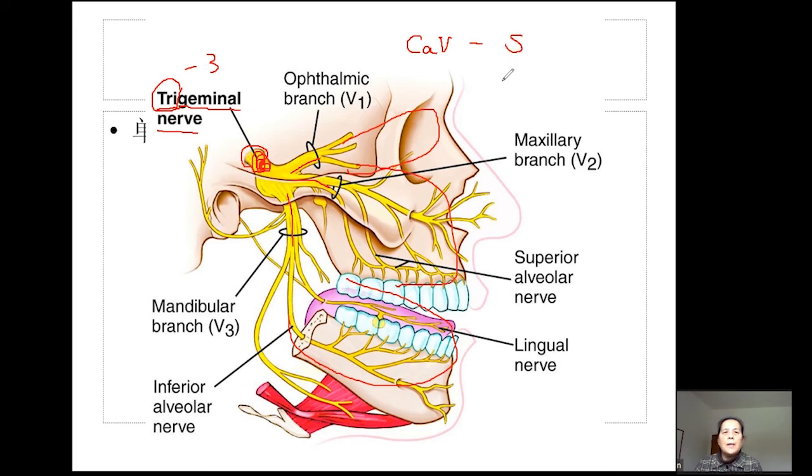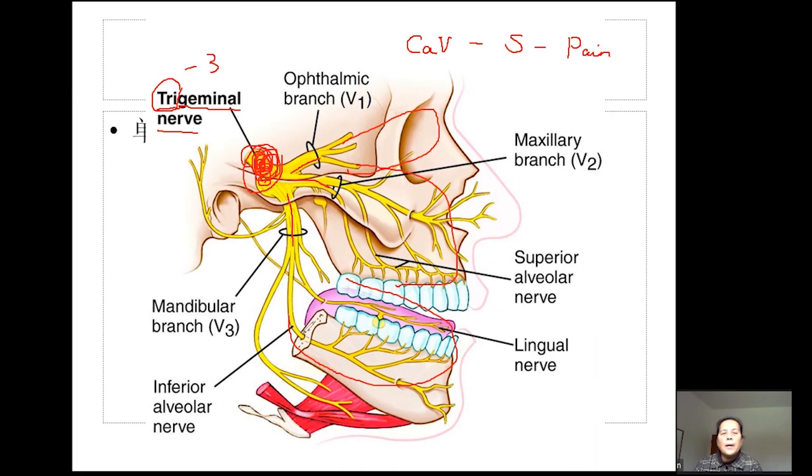We say mainly because it still has some motor part, but it is mainly sensory. So it can cause a painful situation if there is trouble. If the TMJ area is swollen and causes trouble there, it may cause pain in the whole half side of the face.